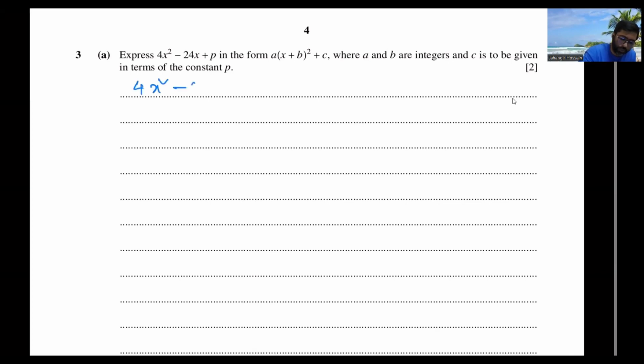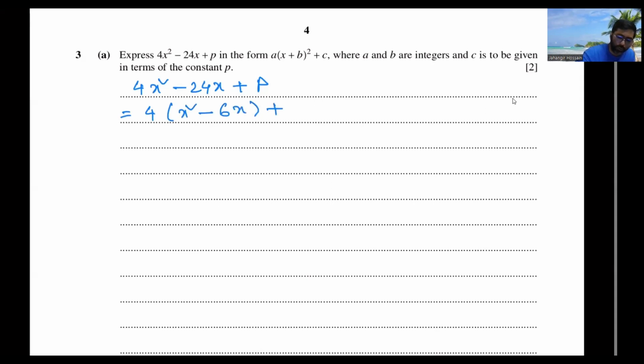First you have to take 4 common from x square and x only, because we're going to complete the square.